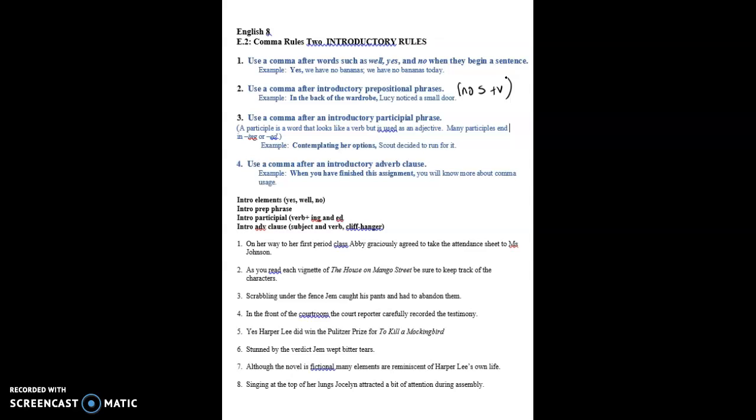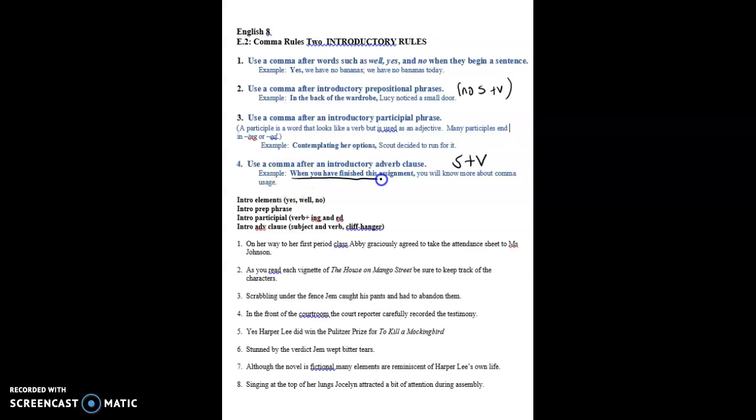All right, number 4 then is using commas with an intro adverb clause. Remember, adverb clauses do have subjects and verbs, and they start with this thing called a dependent or a subordinating conjunction, which makes that part of the sentence dependent on the rest of the sentence to make sense. Let's look at this example.